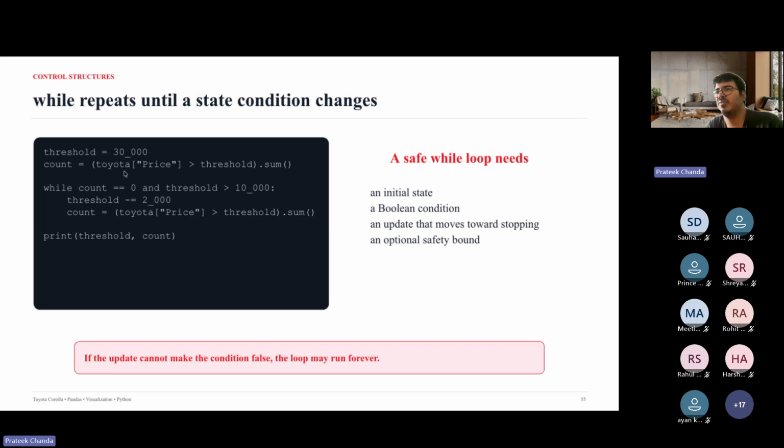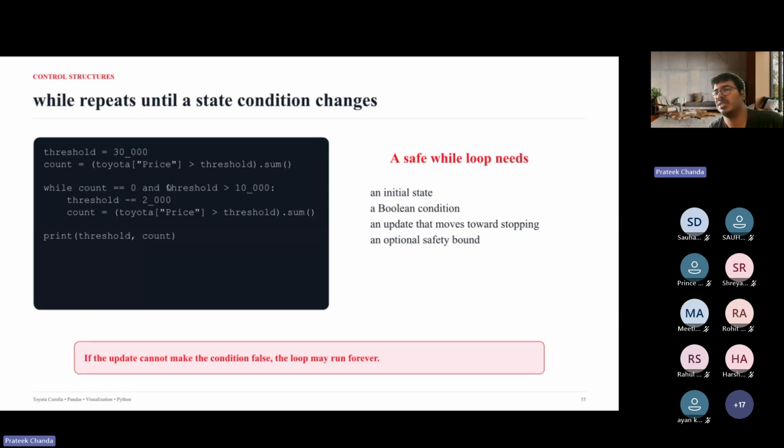We are seeing while this condition holds, if count equal to 0 and threshold is greater than or equal to 10,000, I keep on doing these operations inside, which is threshold minus equal 2000 and calculating the count for that threshold. So we set the threshold initially to 30,000, then decrease by 2,000 at every step, so it becomes 28,000, 26,000, and so on. For each step, we try to find the count of the cars that exceed this threshold.